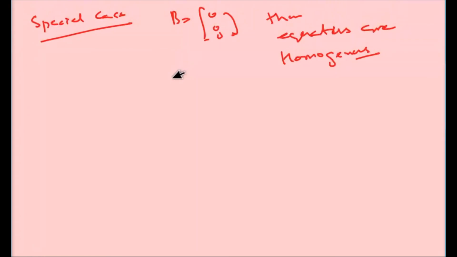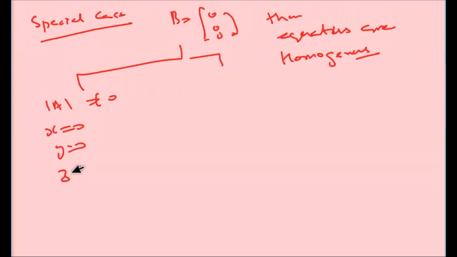Okay, then what happens? In this case, we first check determinant A not equal to 0. Then we write directly x equal to 0, y equal to 0, z equal to 0, and this is known as the system has a trivial solution.